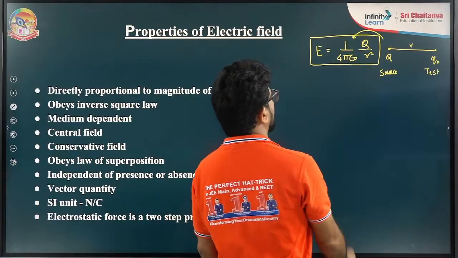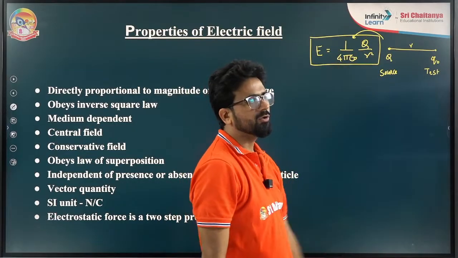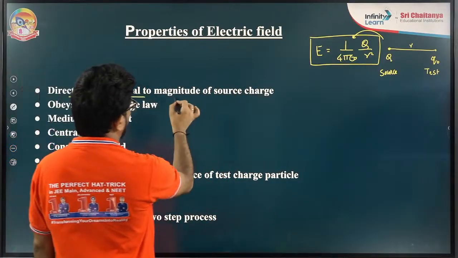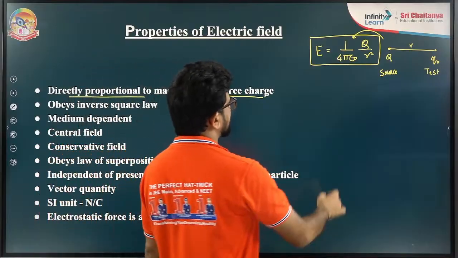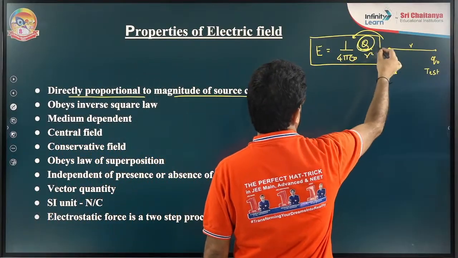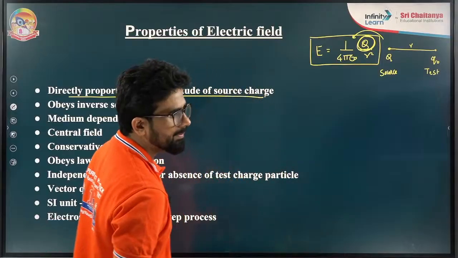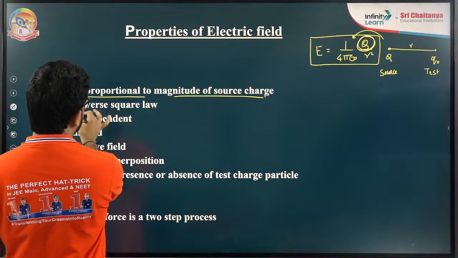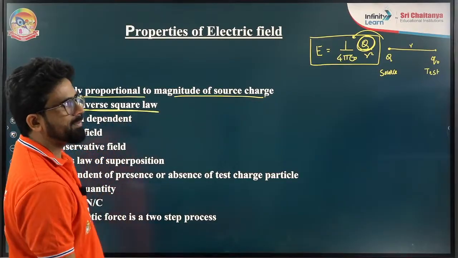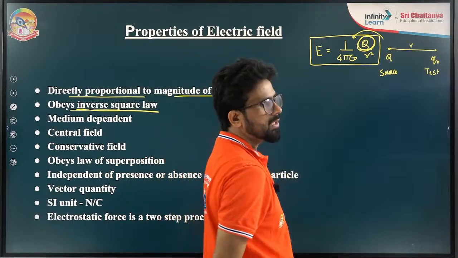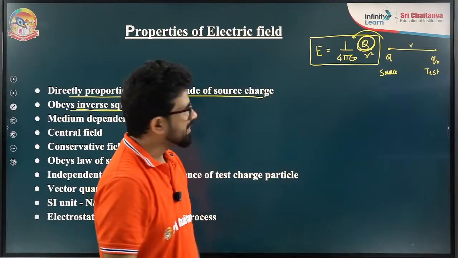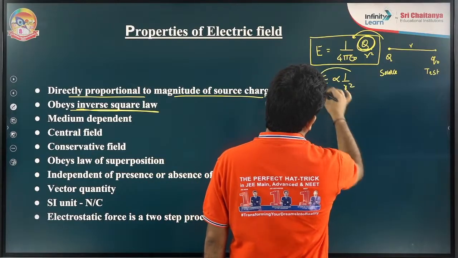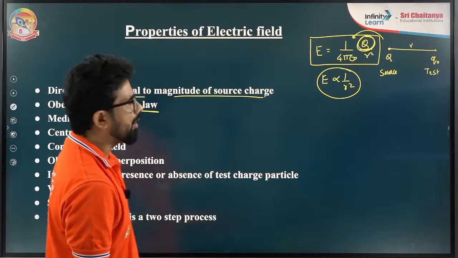The field is 1 by 4 pi epsilon naught Q by r square. So it is directly proportional to the magnitude of the source charge, capital Q. It obeys the inverse square law, similar to Coulomb's law: the field is inversely proportional to r square.